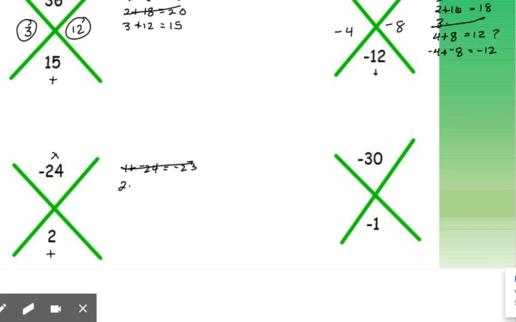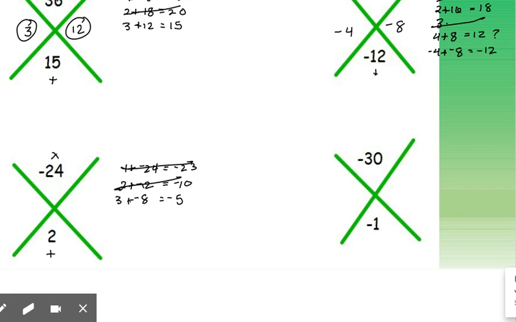Negative 24 divided by 2 is negative 12. So that multiplies to negative 24, but that adds up to be negative 10. So not it. 3. Negative 24 divided by 3 is negative 8. Well, that multiplies to be negative 24, but that adds up to be negative 5.